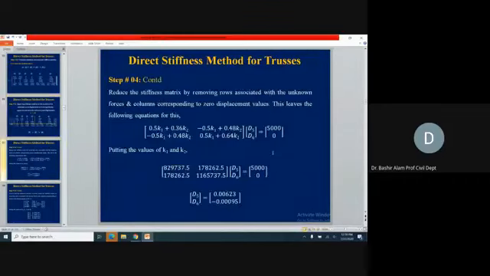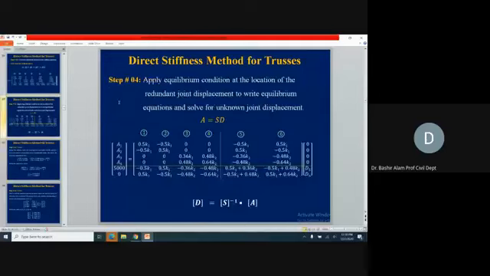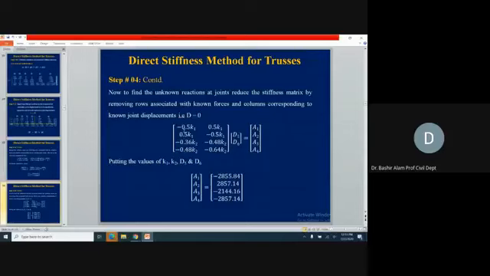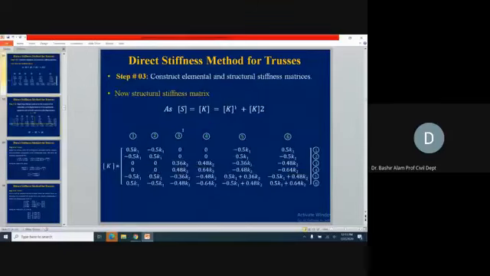So here we apply a procedure: reduce the stiffness matrix by removing rows associated with the unknown forces. These rows correspond to the unknown forces, so we are going to eliminate these rows, and also the columns corresponding to 0 displacements. These columns we are also removing, corresponding to the 0 displacements.